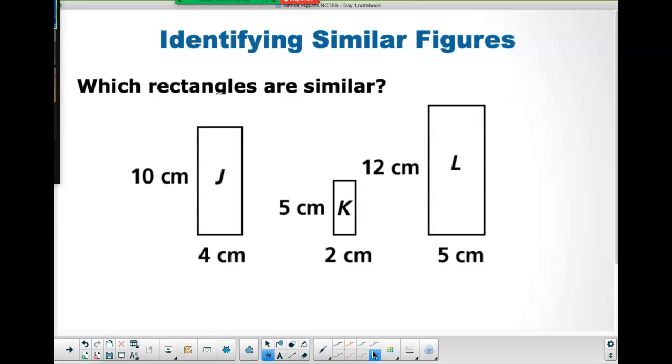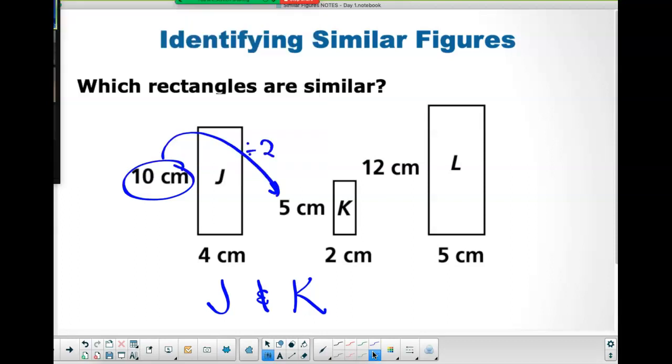Which do you think? Zachary said J and K. Do you agree with him? J and K are similar figures. Okay, because one, all the angles are the same. And 10, try that again. 10 divided by 2 is 5. 4 divided by 2 is 2.